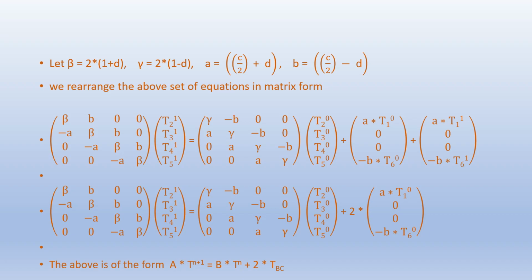Thus, the above form is of the type A times T^(n+1) equals B times T^n plus 2 times T_bc. Here A and B are matrices and T_bc is the vector for the boundary conditions.